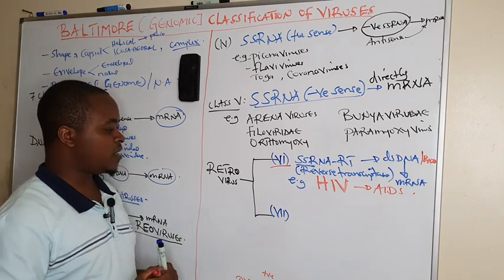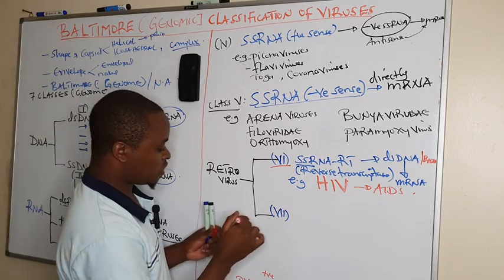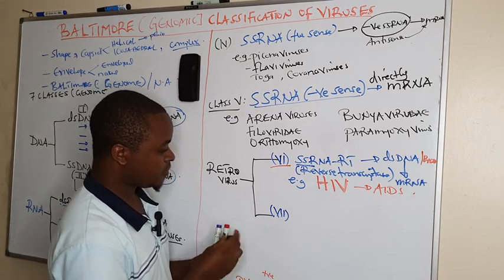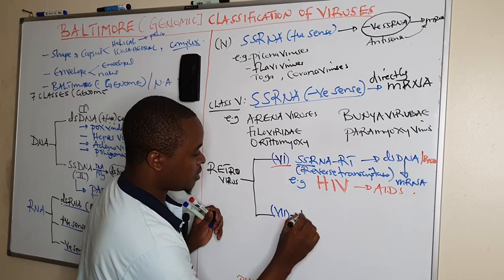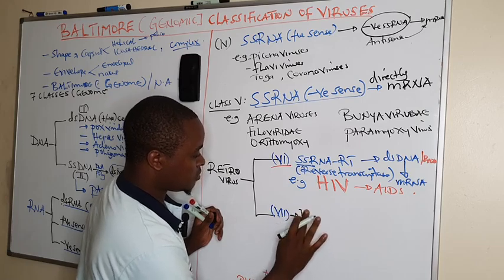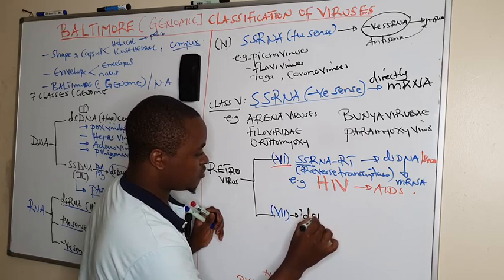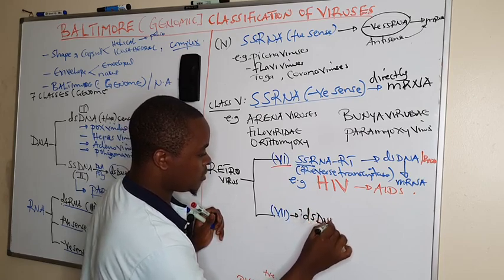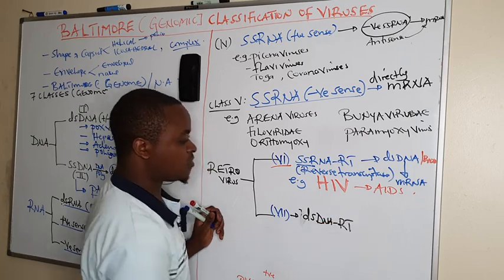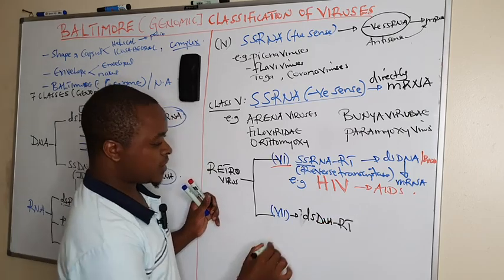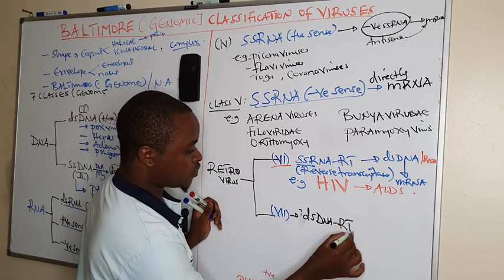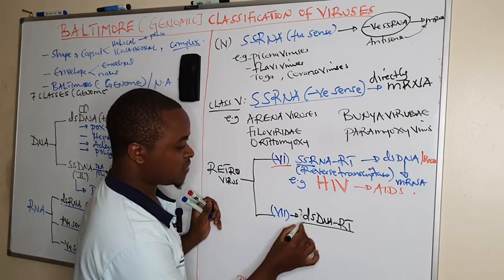And this class 7, we are finding they are double-stranded. This one includes double-stranded DNA with the reverse transcriptase. And an example here, this also uses reverse transcriptase.